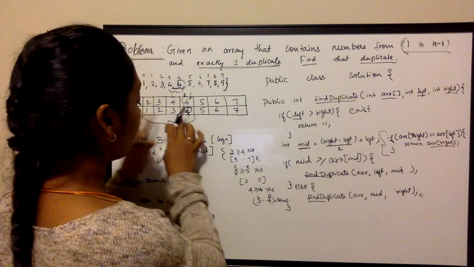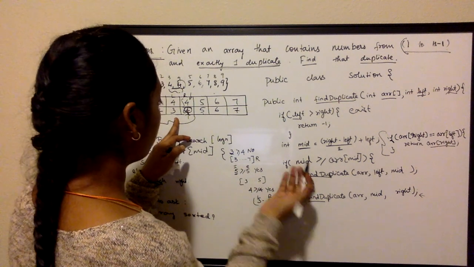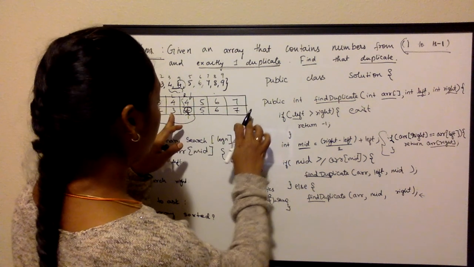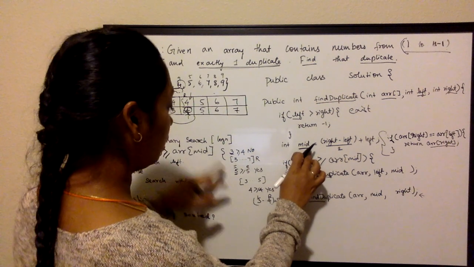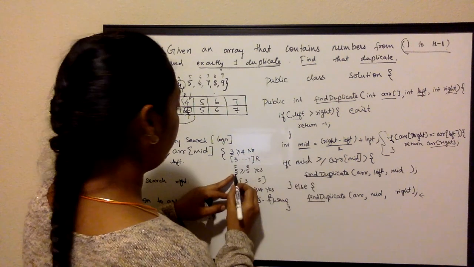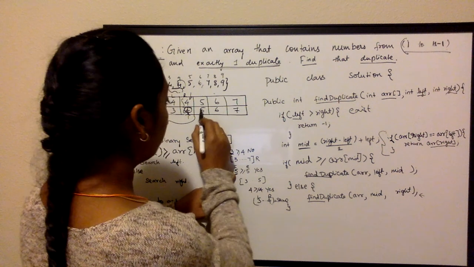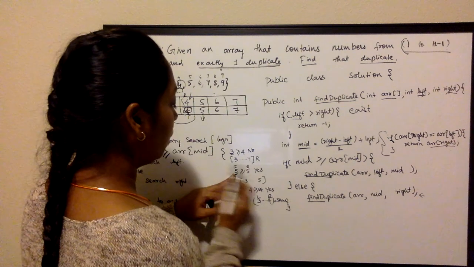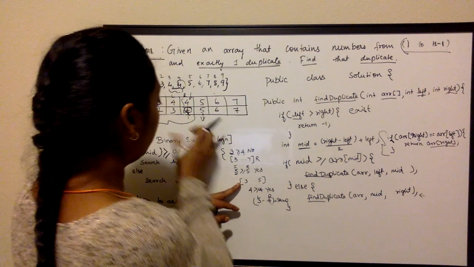Then we check on the right-hand side, so we search right. From 3 to 7, we find a mid element, which would be 5, and we check if this 5 is greater than or equal to the element value. Yes, it is equal. So we have to search on the left.